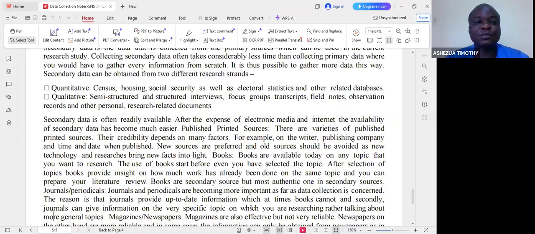So, secondary data is often readily available because when you go to websites, like NCDC, you see several data there about those records about COVID, records about Lassa fever, records about HIV.